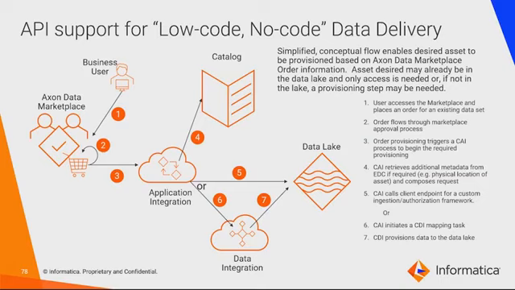In this case, using Marketplace in conjunction with Enterprise Data Catalog and application integration on the Informatica Data Management Cloud to be able to intercept orders, view the content of that order, retrieve the technical metadata associated with that order, and then on the basis of that technical metadata and the other content of the order, make effective decisions about how they want to provision the data. Marshalling data integration mappings to be able to execute the provisioning of that data to an endpoint in the data lake or downstream in the analytics environment where that data may need to be provided.